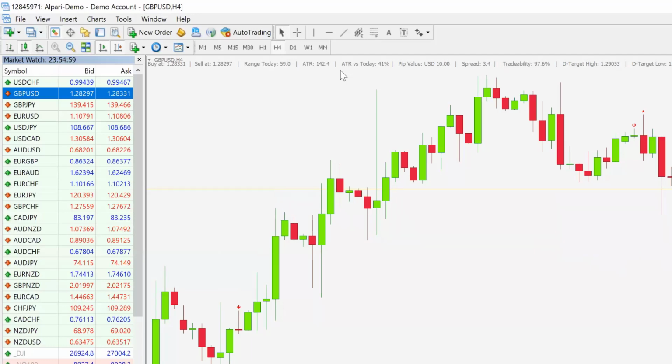Can you manually affect the auto trader? Yeah, you can manually adjust things. You can manually close things. Yes, sometimes I manually intervene, especially if I've hit 1% or 2%. I manually intervene and close the rest for that week.